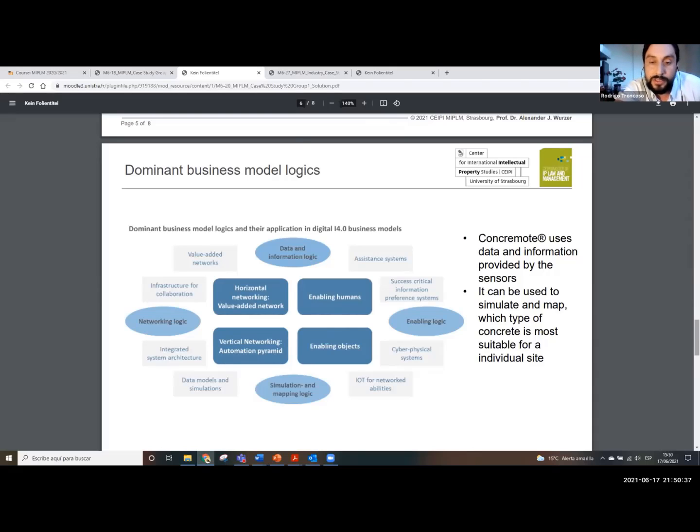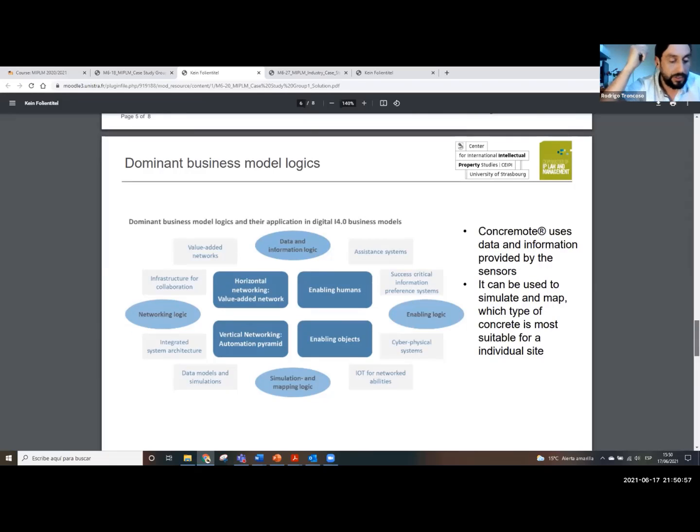And Concremote uses data and information provided by the sensors to simulate which type of concrete is most suitable for an individual site. The application of this concept was applied in an integrated manner, in this case for Amdash Group Ventures.